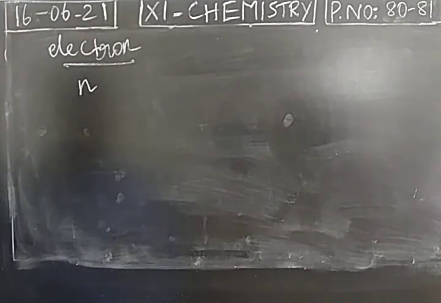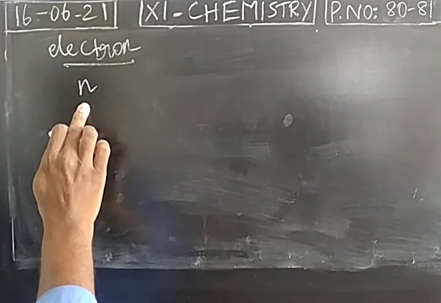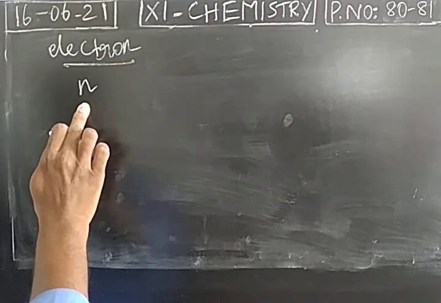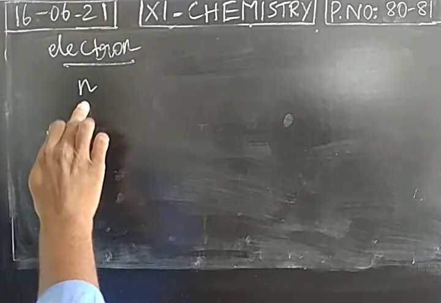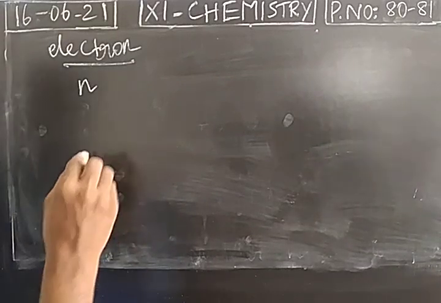The shell of that particular electron is denoted as the nth shell. Beyond that nth shell, the contribution of the electrons in shielding will be 0.